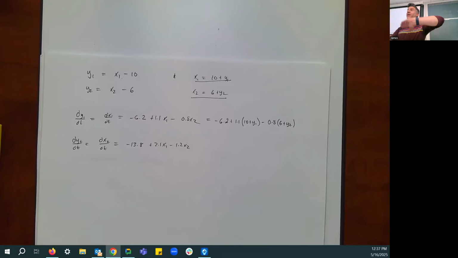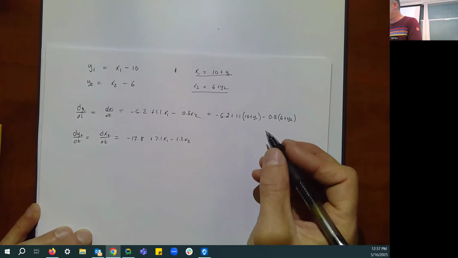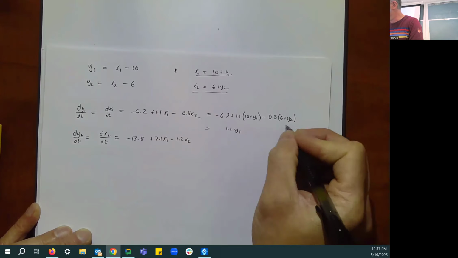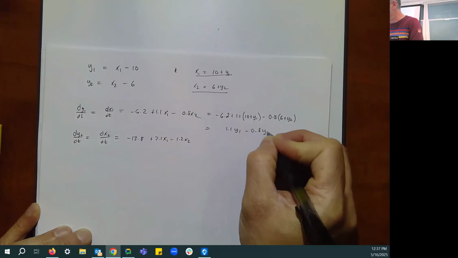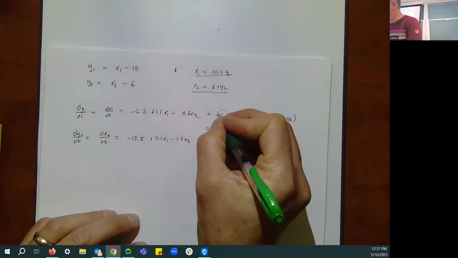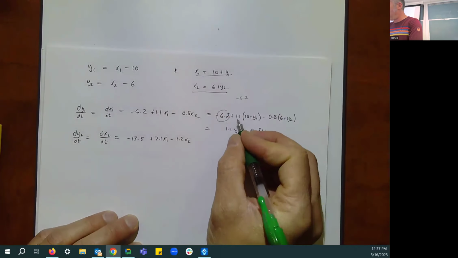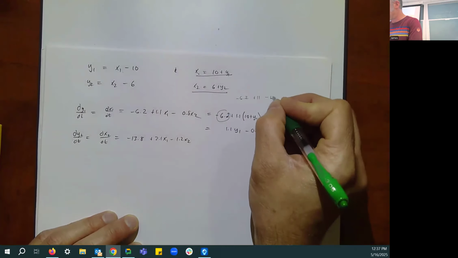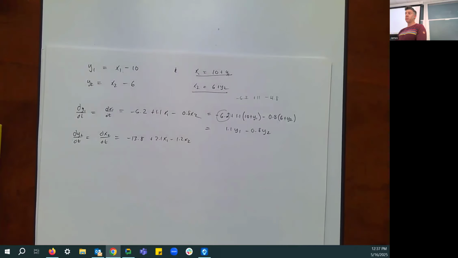That is the whole point of this process. So this simplifies to 1.1 times y1 minus 0.8 times y2, and the negative 6.2, the 1.1 times 10, and the negative 0.8 times 6 should add up to 0, and they do.